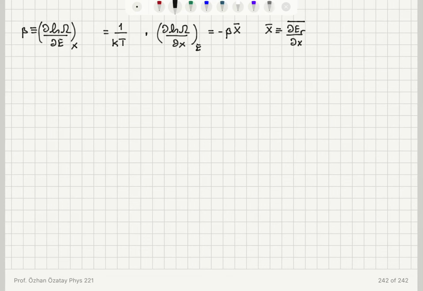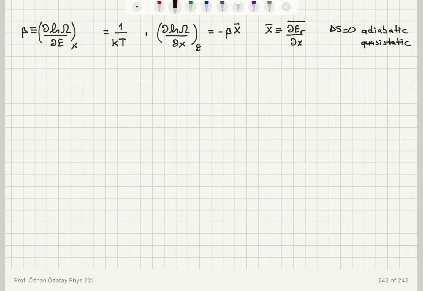And we found that this also implies two things. One, the change in the entropy is zero for an adiabatic quasi-static process. And in general, changing the external parameter of the system has the following effect.